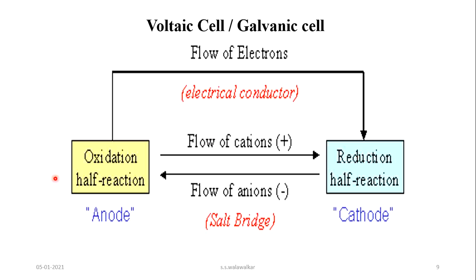These two electrodes are connected by an electrical conductor, and electrons flow from anode to cathode, and the ions in the salt bridge flow, that is, cations go into the cathode compartment and anions go into the anode compartment to maintain electrical neutrality. So this is about the galvanic cell.